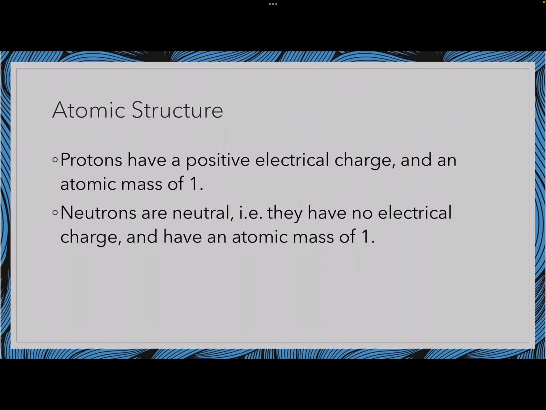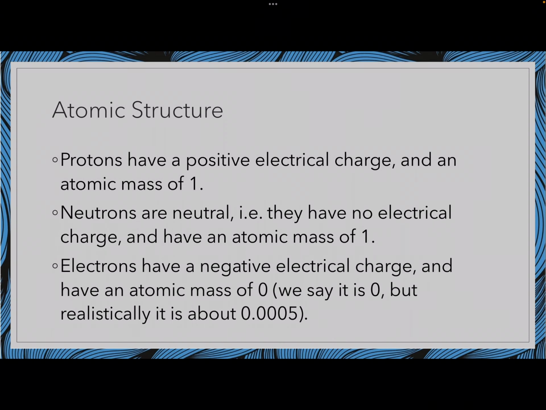Lastly, we have the electrons. They have a negative electrical charge, which is the same charge as a proton, but the opposite. Okay, whereas a proton has +1, an electron would have a -1 charge. Now we say that electrons have an atomic mass of 0. It's not quite correct. They do have mass, but it's only about 1,000th the mass of a proton or a neutron.